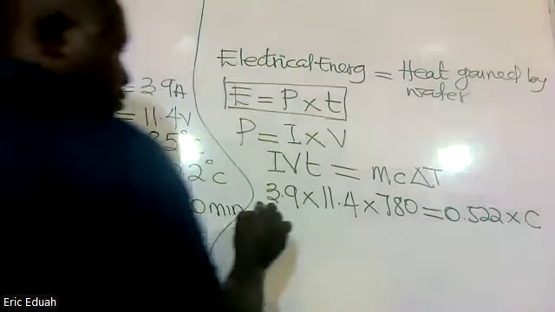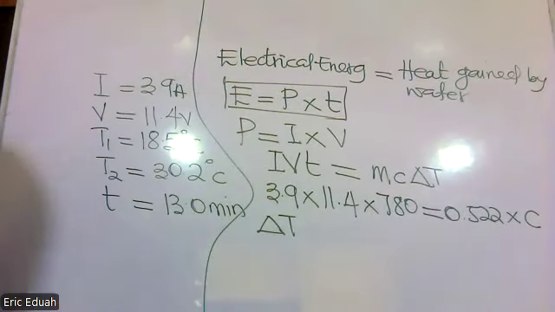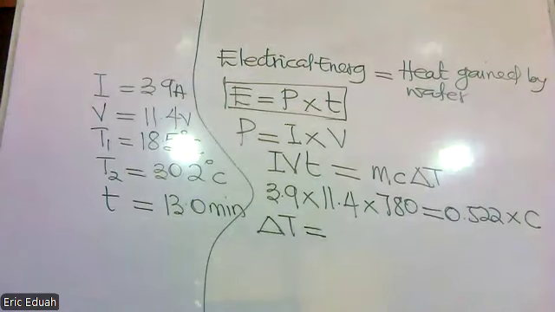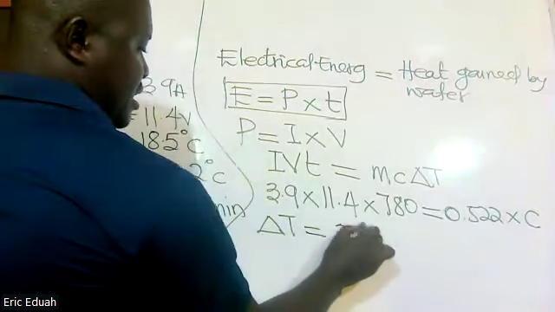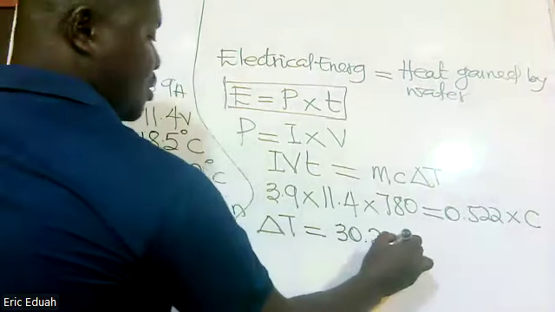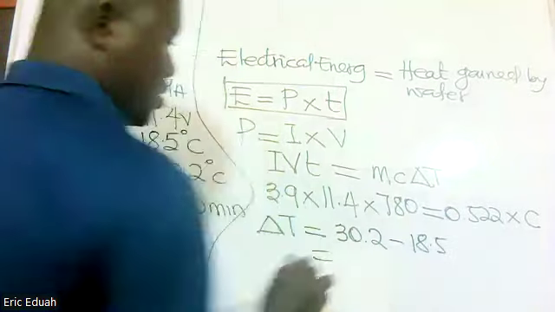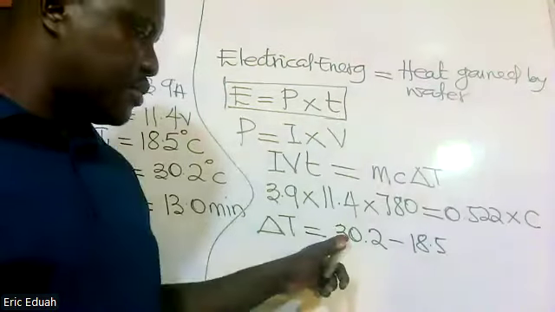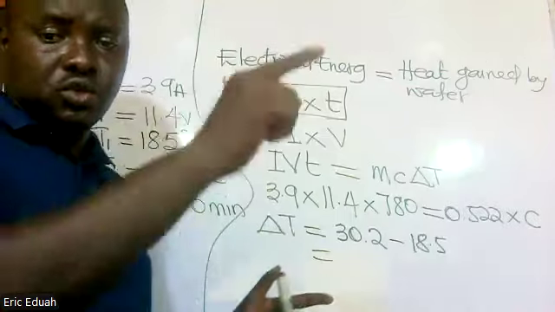Now, for change in temperature, whether it's in Kelvin or degrees Celsius, the value is the same. So change in temperature will be equal to the final temperature, which is 30.2 minus 18.5. So here, there's no need for us to convert from degrees Celsius to Kelvin because change in temperature is 1:1.